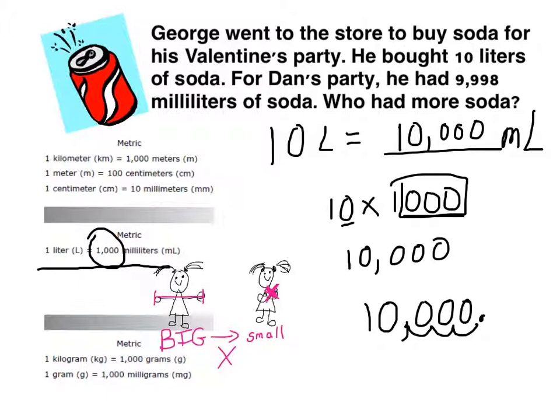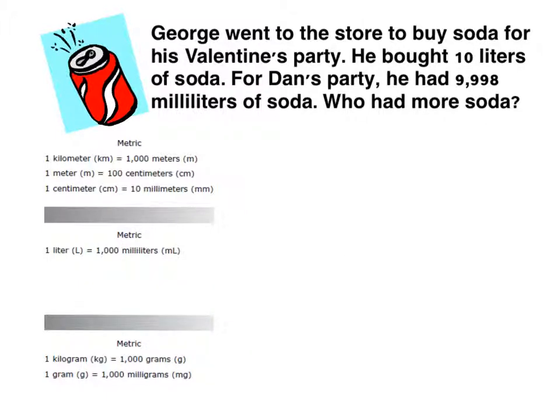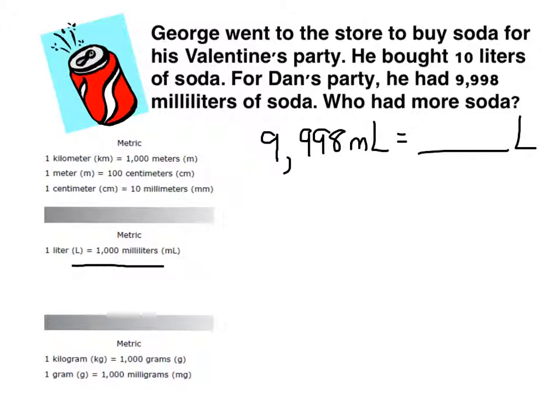So now let's look at it in the other direction. Let's say that you chose to convert your milliliters to liters. So we'll have Dan's 9,998 milliliters, and let's see how many liters that's going to be. So we'll look over here at our chart, and we have milliliters going to liters.